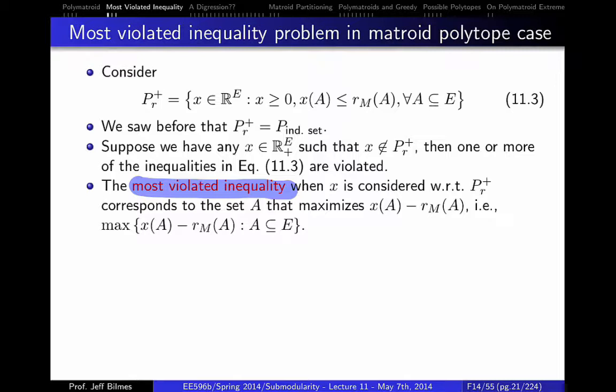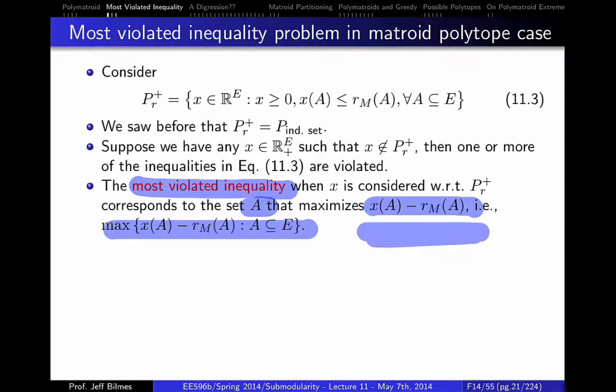And so we can say that if we were to, for example, find an A that maximizes this quantity, okay, in other words, if we do this problem here and we find that A, then that's going to be the most violated inequality, right? And you know that the solution to that is going to make x of A minus r of A positive, because we know that x is not in there, right?